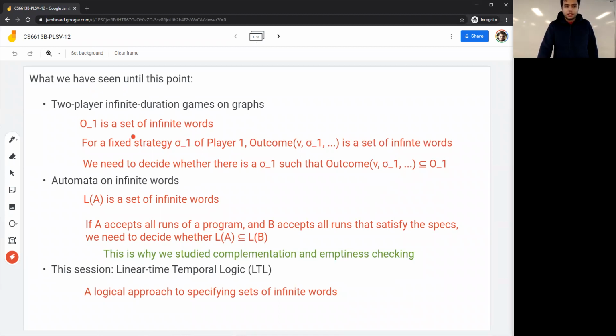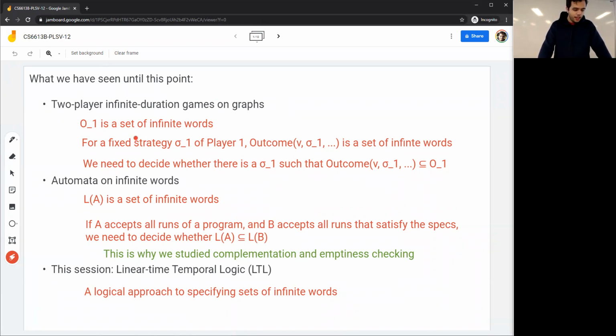So we saw two-player infinite duration games on graphs. The thing that I really want to focus on right now is that in these games, we had sets of infinite words. Basically, every play of the game was an infinite path on the game graph, which you can consider as an infinite word as well. And then the objective of a player, for example, the objective of player one, was just a set of infinite words.